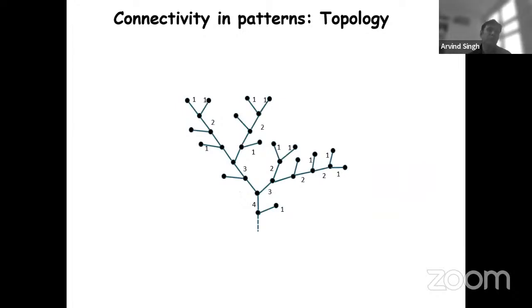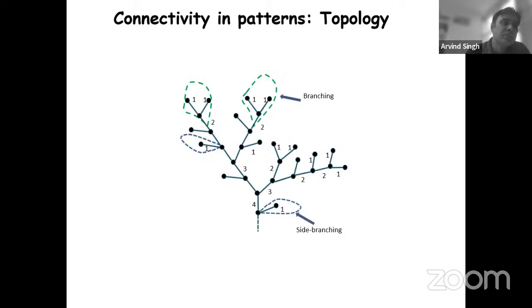To explore the role of climate on connectivity, or whether there are signatures of climate on river networks, we can quantify the topology of a given network. Here is a simple schematic of a river network, where branching can be defined as two channels of the same order merging, whereas side branching can be defined as two channels of different orders merging.